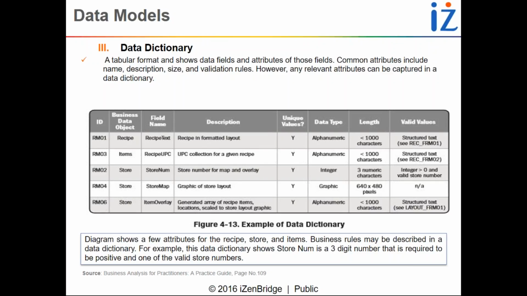So here we show a few attributes for the recipe, store, and items, and business rules may be described in the data dictionary. For example, you can see that store number is a 3-digit number that is required to be positive and one of the valid store numbers. So you can see that as we move towards the different models, we are refining our requirements.